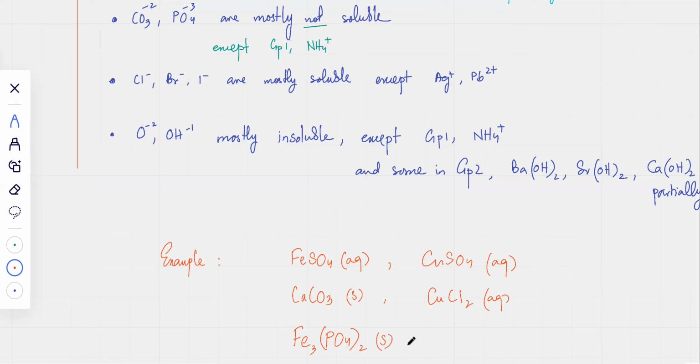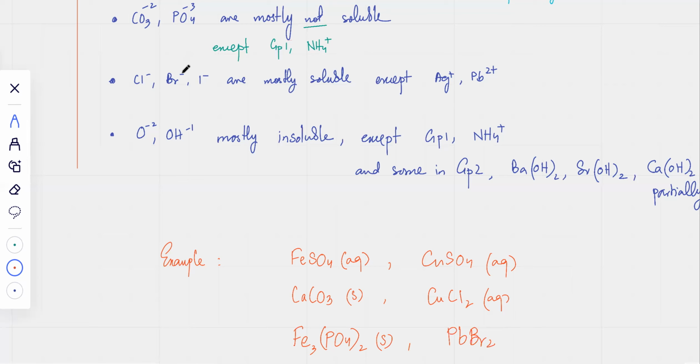अच्छा, what about PbBr2? Pb2+ and Br-1. ये क्या होगा? जल्दी से बताओ. सामने लिखा हुआ है. Is it a solid or is it aqueous? मतलब will it dissolve? Will it not dissolve? Sir, I think it will.